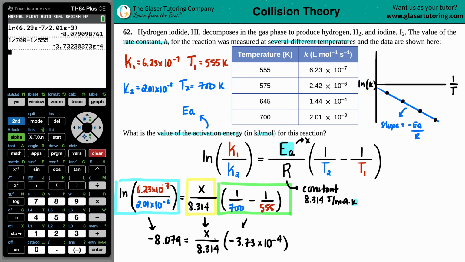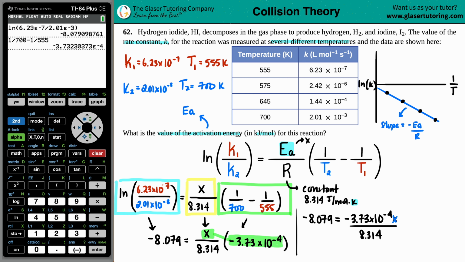We can simplify this by saying here is a number, and it's being multiplied by the x value. So these go together. Maybe I'll put a little break there, and we can say negative 8.079 equals negative 3.73 times 10 to the negative 4th times x, and that's what we're still solving for, divided by the 8.314.